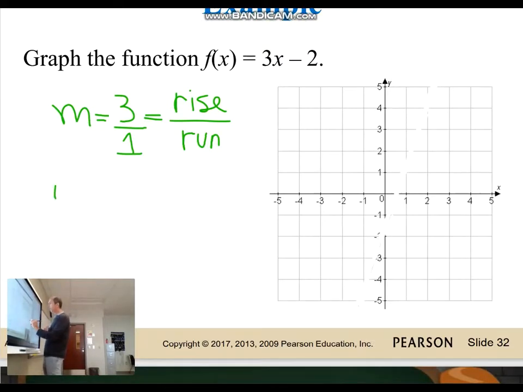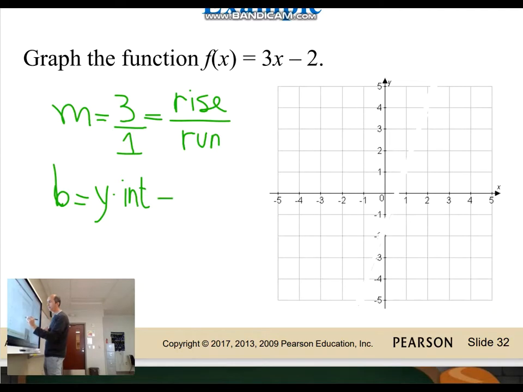Another thing that we know is that b is the y-intercept, which equals -2. So let's go to the rectangular coordinate system, find y equals -2, which is here. This is the point, y equals -2.